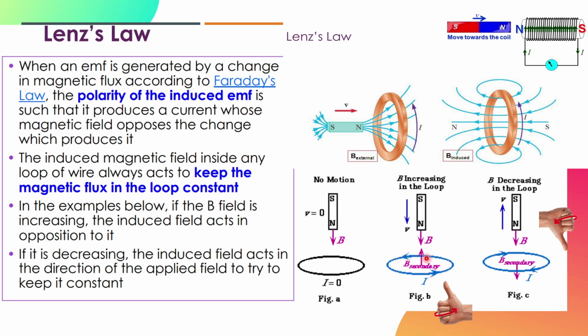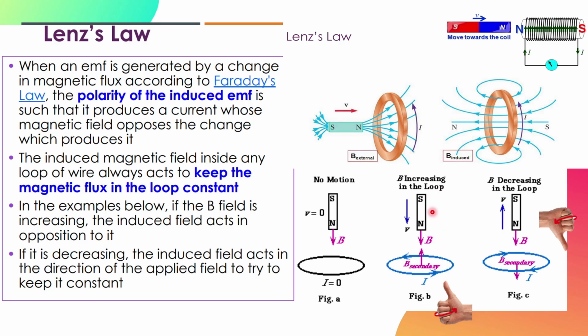Means that this loop will produce an induced magnetic field, which will act in the opposite direction, which is upward, in order to oppose the change of the magnetic field around the loop.